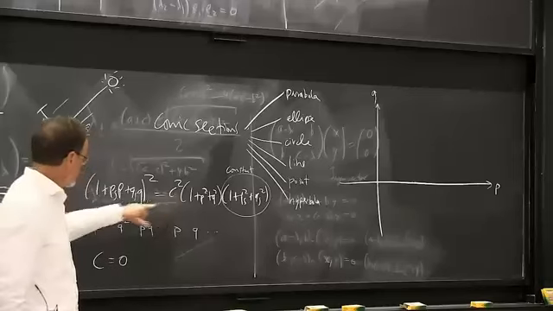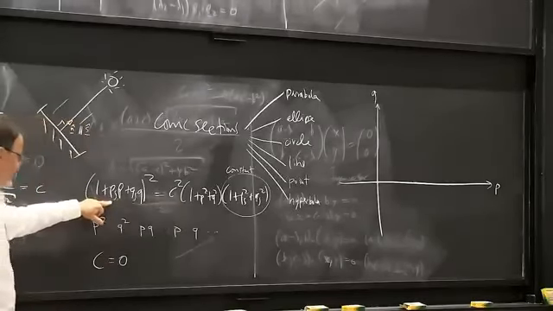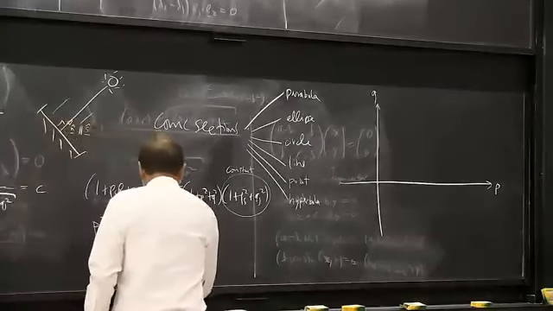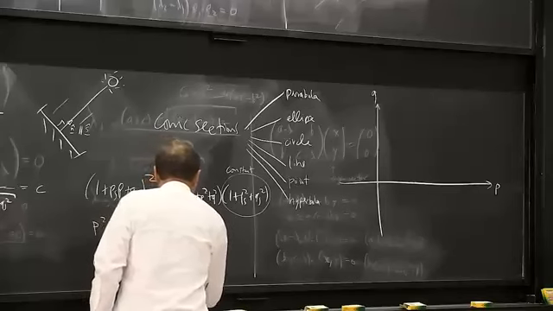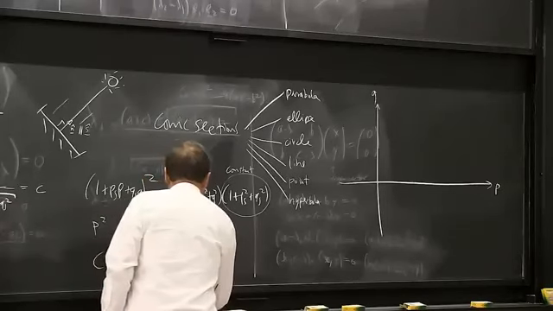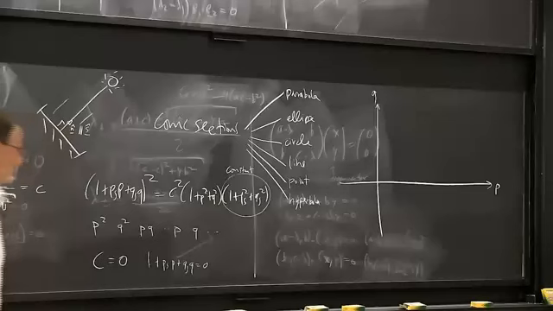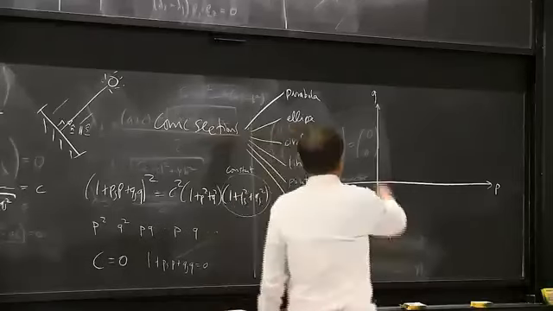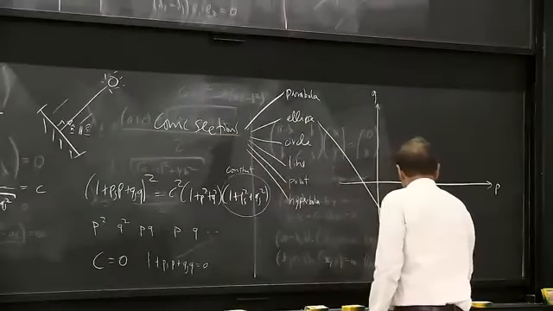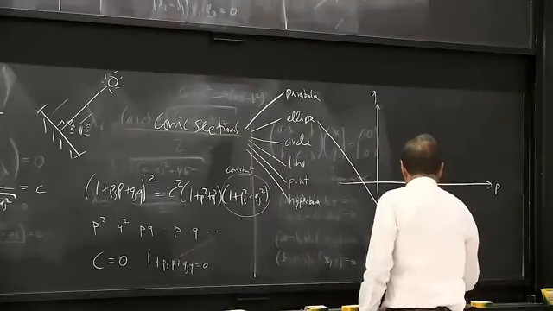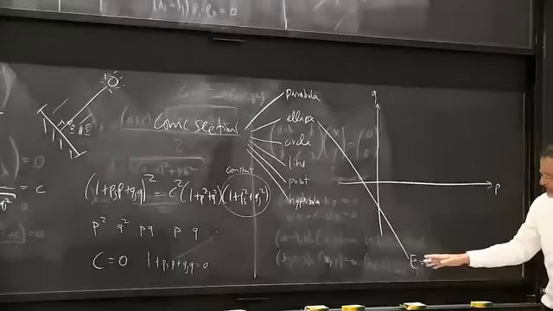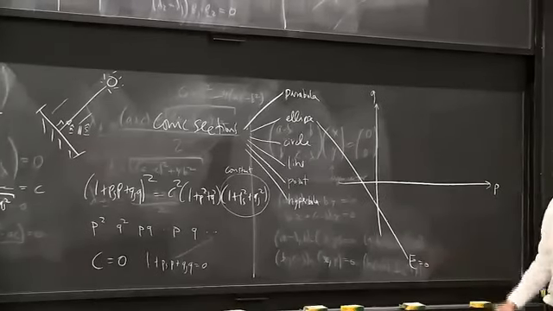If C is 0, then this is 0, and that means that 1 plus PSP plus QSQ is 0. Now, what kind of an equation in P and Q is that? It's a linear equation, so it's just a straight line. So that's that one special case. There's going to be some sort of line in here, and it's where the brightness is 0.